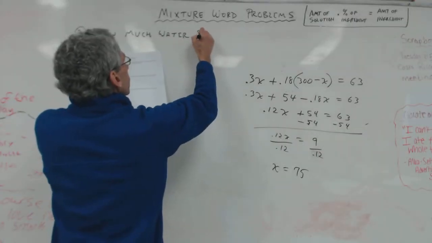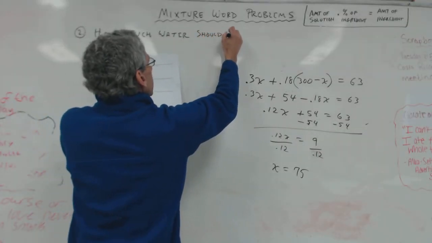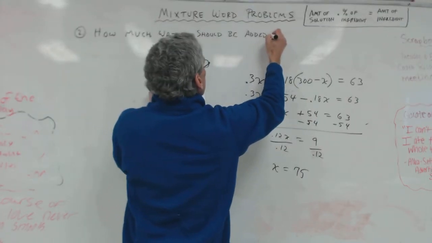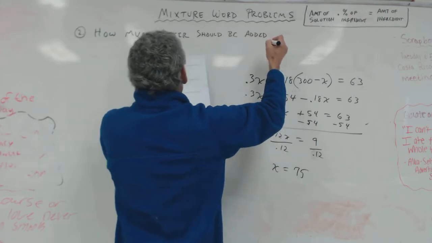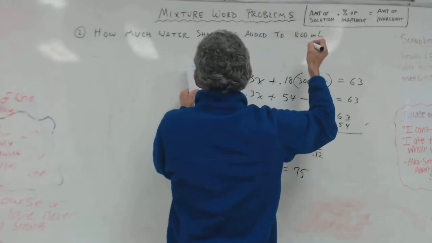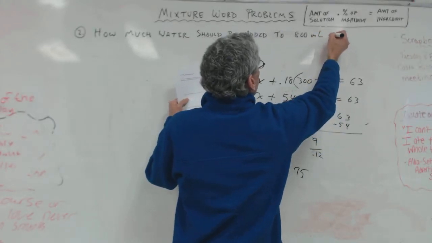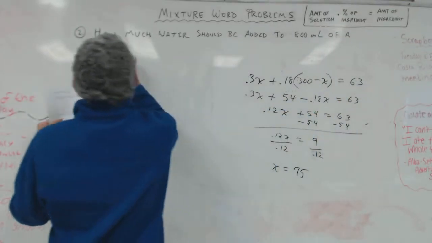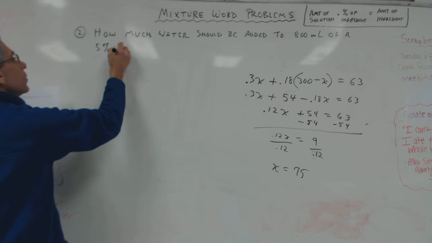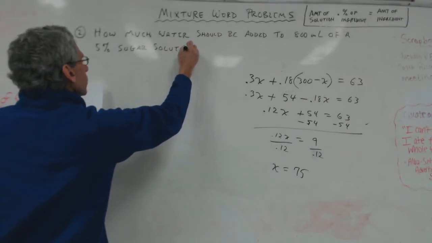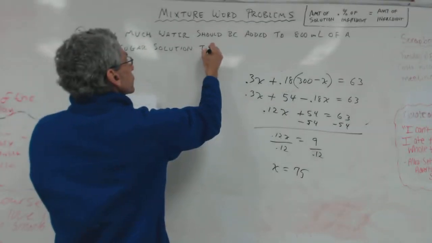How much water should be added to 800 milliliters of a 5% sugar solution to get a 1% sugar solution.